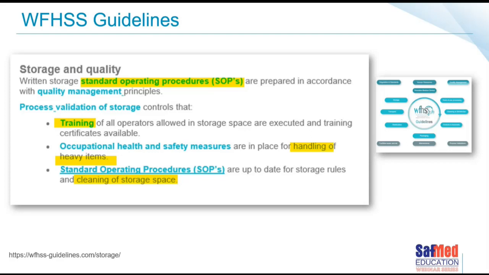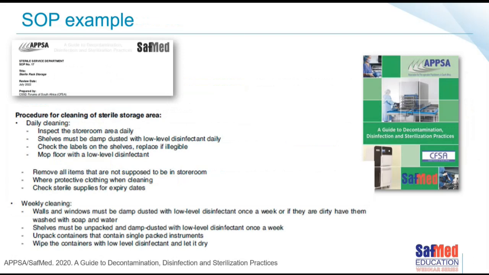It doesn't help if somebody goes in to damp dust, makes a slotted shelf wet, and then puts a sterile pack on top of a wet shelf. Very important everybody is trained. You have to take into account occupational health and safety measures for handling of heavy items. And of course, that you have standard operating procedures that define everything around your sterile storage, including how you clean it. So in our APSA guide, SOP number 17 deals with sterile storage.